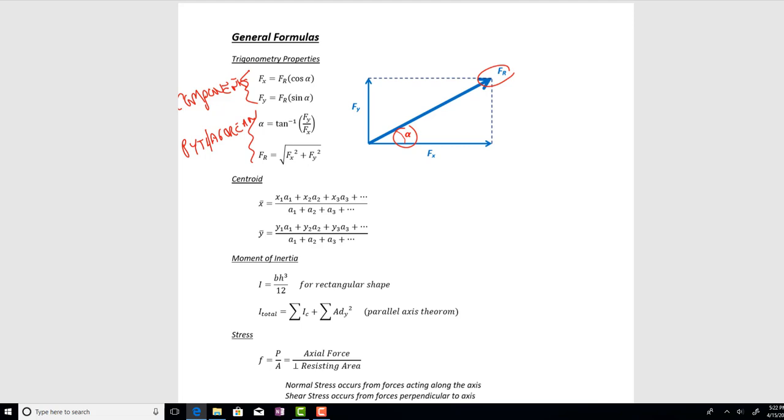If you're given a composite shape and you need to find the centroid of that composite shape, these are the two equations. Remember, we call them x bar and y bar. You're probably more used to seeing something that looked more like this: the summation of the xA's divided by the summation of the A's, or the summation of the yA's divided by the summation of the A's.